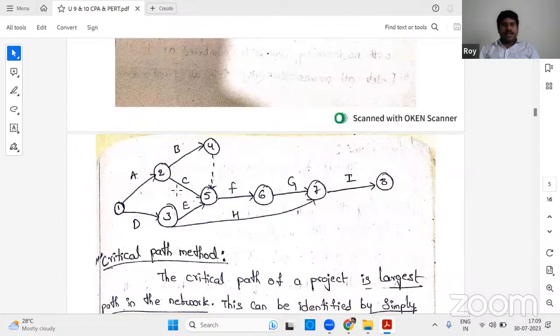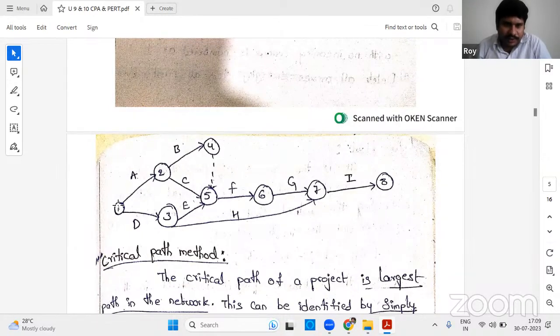If I see the diagram here, this A is the first activity. A is not having a predecessor, D is also not having a predecessor. There is no beginning before me. You got it? Are you understanding? Yes, sir.